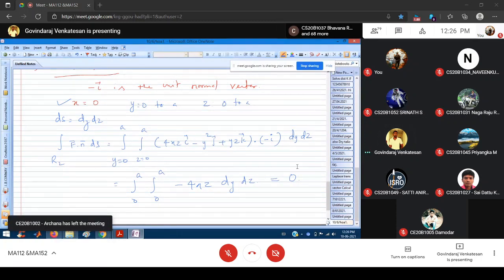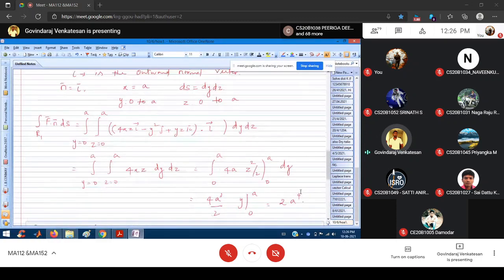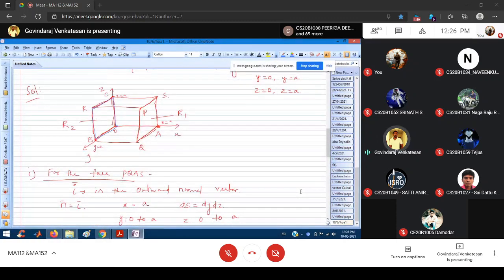Okay. So now I move to the third face. So I am going to take this one, RPQB, on the y-axis. So this may be my region R3.